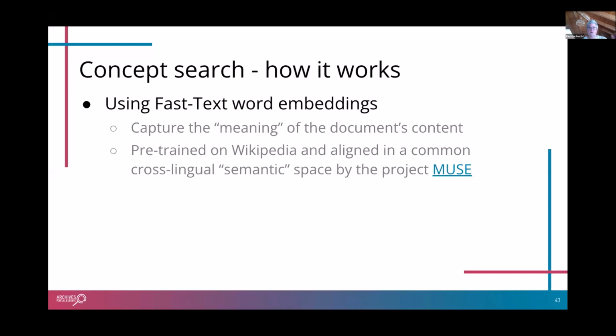There are two ways of searching with the tool, and they function slightly differently. One thing is what we call concept search. That's more general themes and topics, rather than specific entities like persons or places or organizations. And what we are using in terms of the method is something called fastText word embeddings. What that means is that we are trying to capture the meaning of the document or of the document's content.